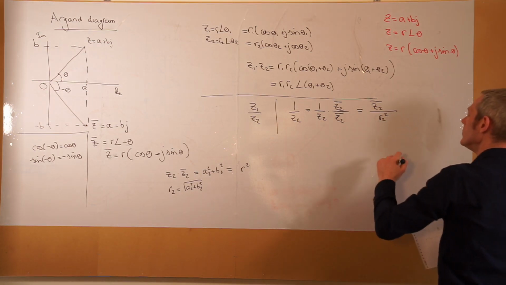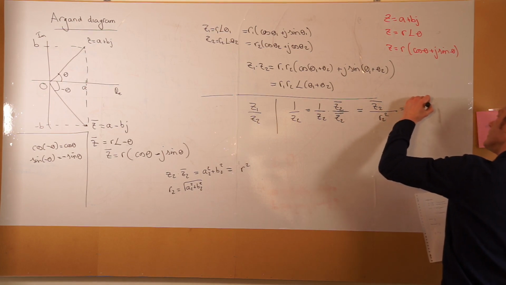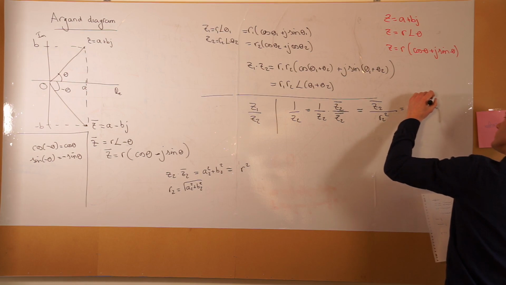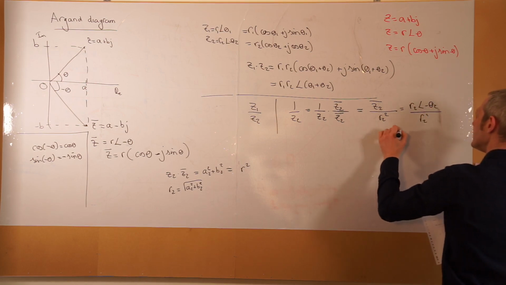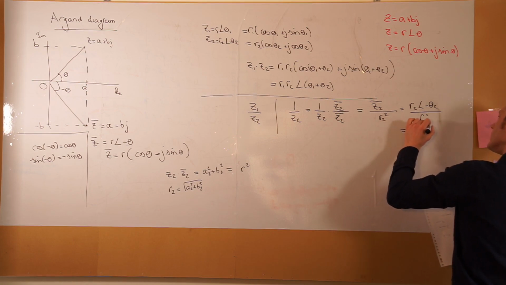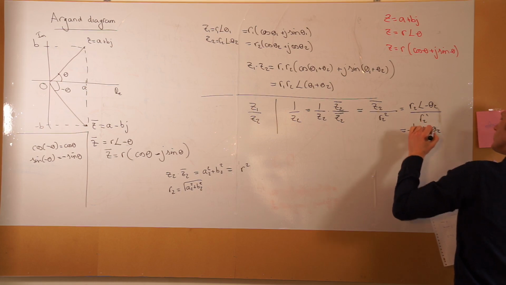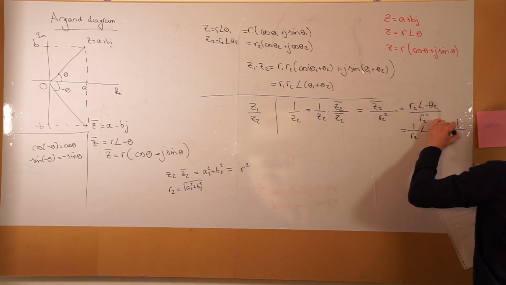Now, z2 complex conjugate is r2 with the angle of minus theta 2. And we divide that by r2 squared, which is equal to 1 over r2 with angle minus theta 2. And this was equal to 1 over z2.